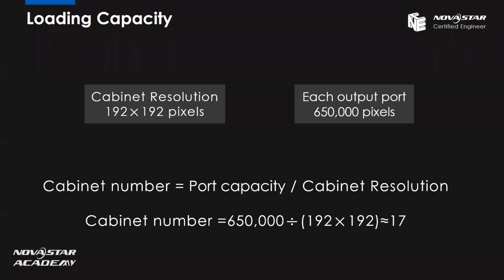So the cabinet number is equal to the loading capacity of each output port divided by the cabinet resolution. So it is equal to 650,000 pixels divided by the cabinet resolution, 192 by 192. After calculation, we get the result is 17. So in this case, for each output port, we can load 17 cabinets.